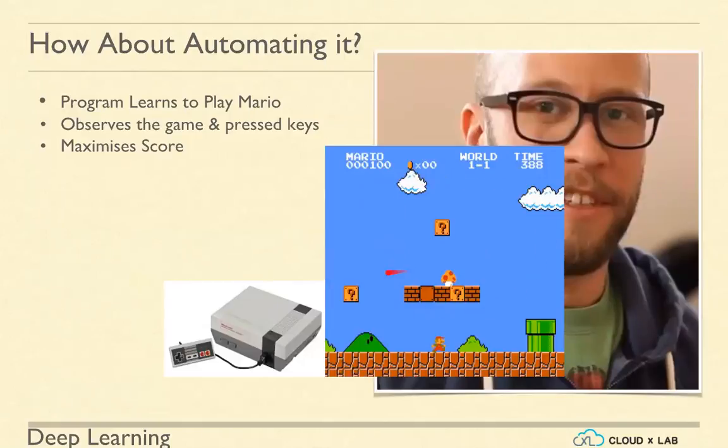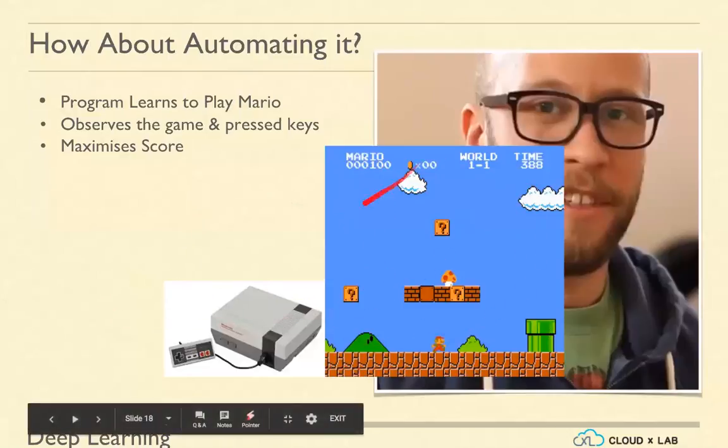The Mario game runs inside a simulator. There are simulators which can run Mario or any NES game. And once you have a simulator in which it is running, your program can inspect the memory of the simulator.